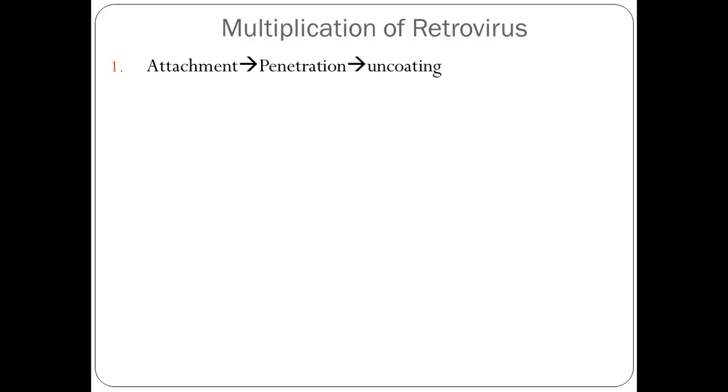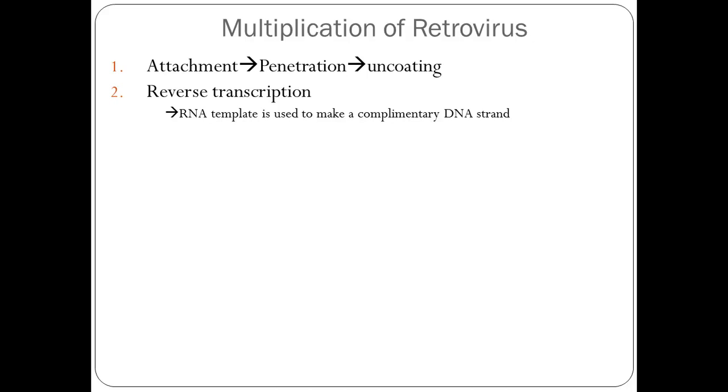So they have attachment, penetration, and uncoating. From there, we're going to have reverse transcription of one of the two RNA genomes into a single-stranded DNA that is subsequently converted to a double-stranded DNA by reverse transcriptase. So what that means is we're going to have a single-stranded RNA.